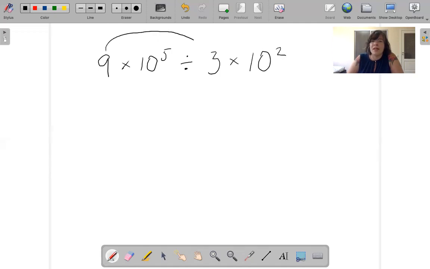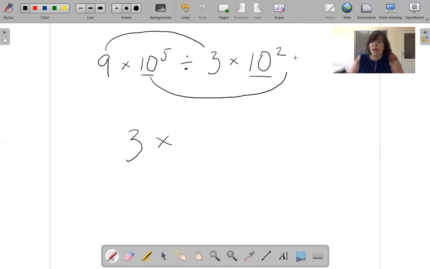You divide these and you divide these. What is 9 divided by 3? 3. 10 to the 5th divided by 10 squared. How do we divide when the base is the same? We subtract. So it's 5 minus 2.